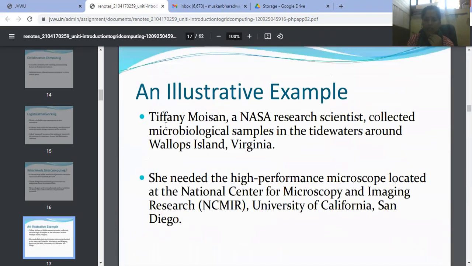I will discuss this with one example. Tiffany Marshall, a NASA research scientist, collected microbiological samples in the tide waters around Guadalupe and Virginia. This is done with the help of grid computing technology. She needed the high performance microscope located at the National Center for Microscopy and Imaging Research, at the University of California, San Diego.